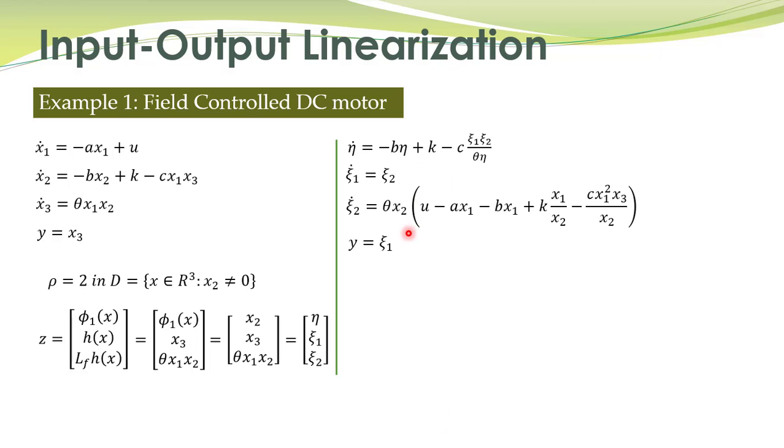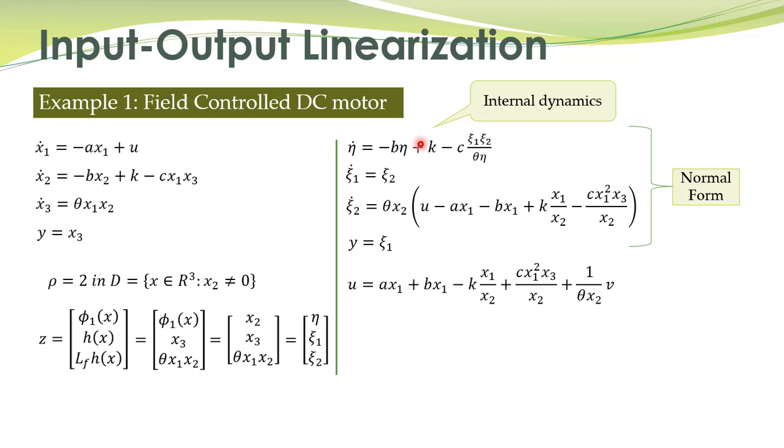The same equation is rewritten over here, and this particular form is called normal form. These dynamics written over here are called internal dynamics. We can solve the tracking problem for this system, but we also have to ensure the stability of internal dynamics. We shall talk about stability of internal dynamics in the next lecture.